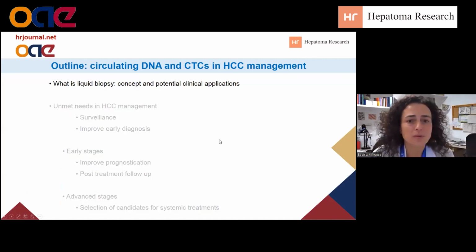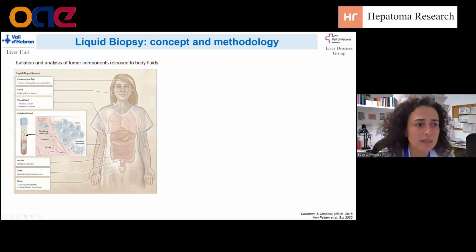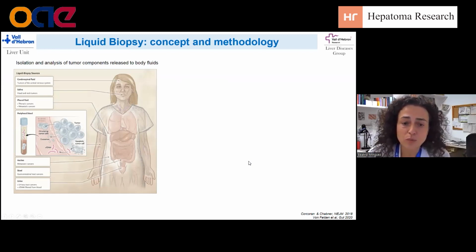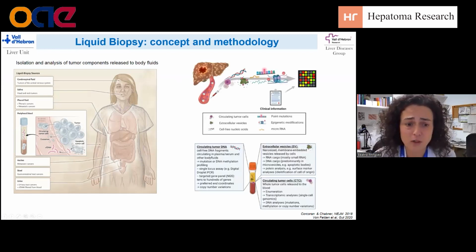So liquid biopsy, what is this? I guess you are all familiar that liquid biopsy means isolation and analysis of tumor components that are released to body fluids. We mostly associate it with blood samples, but of course it can also be studied in cerebrospinal fluid, pleural effusion, ascites, or whatever. And several components of the tumors can be isolated and evaluated.